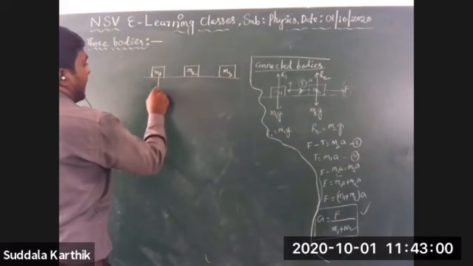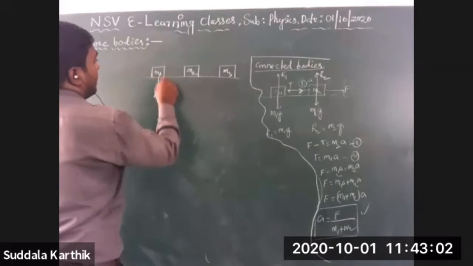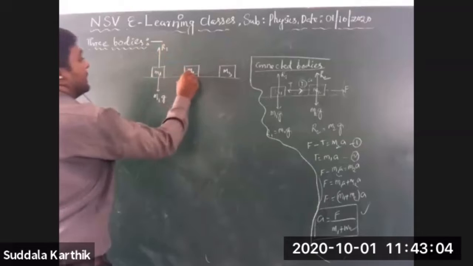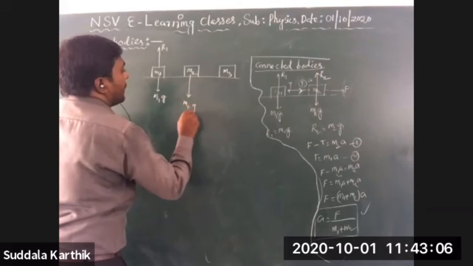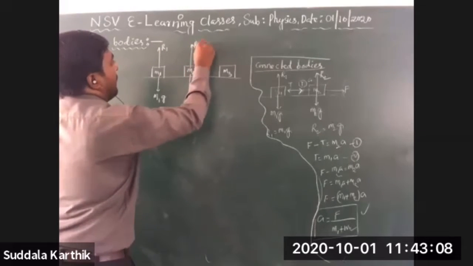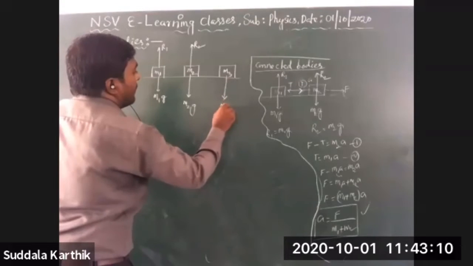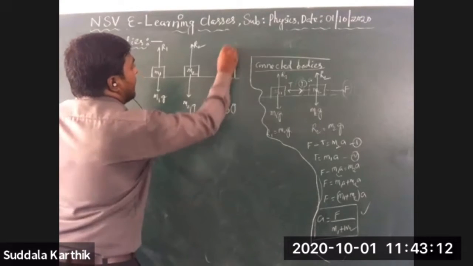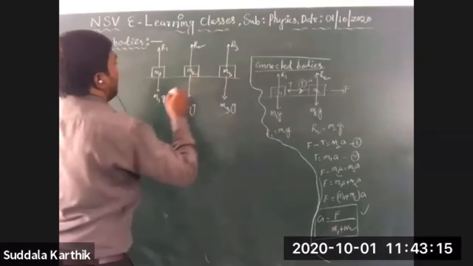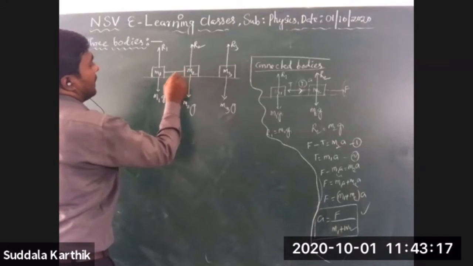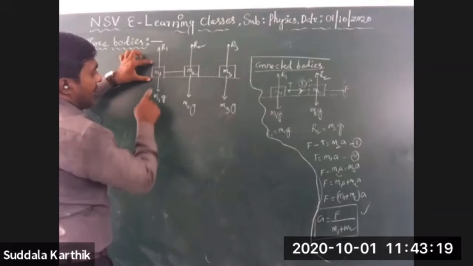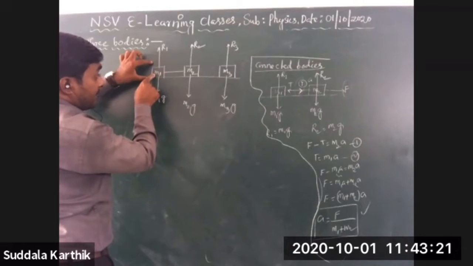This is M1g, this is R1. This is M2g, this is R2. This is M3g, this is R3.